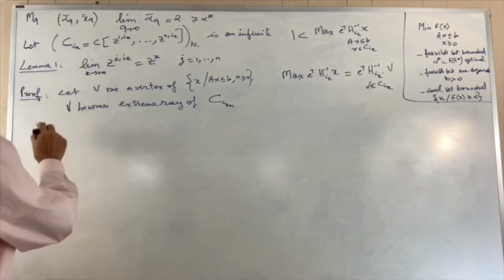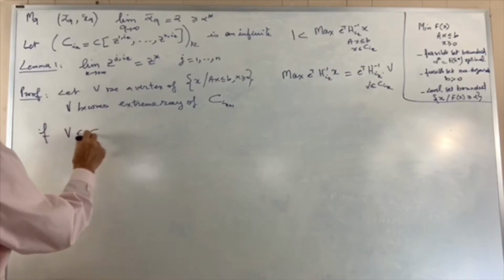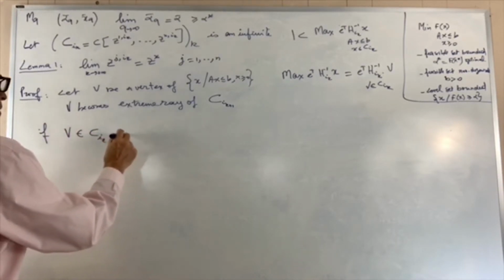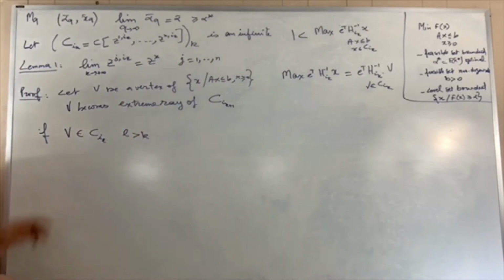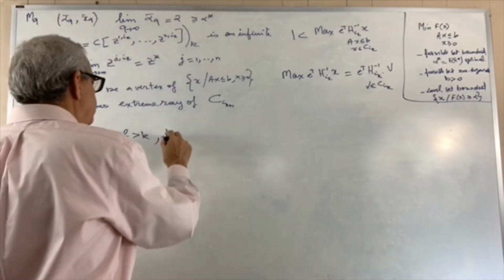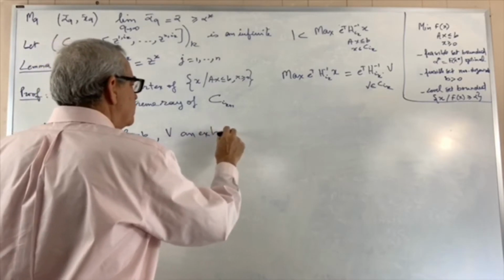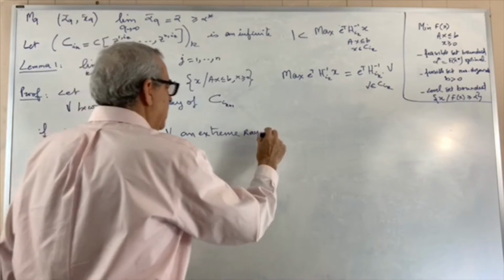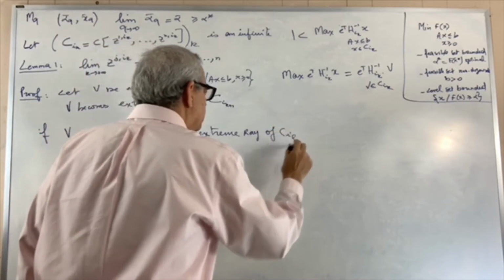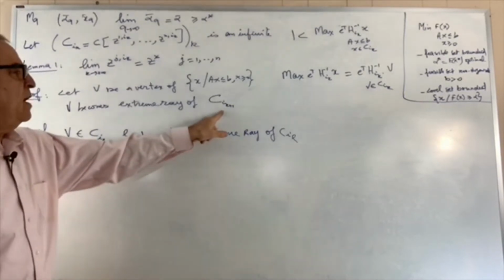Now, if v belongs to C_{I_l}, for l bigger than k, any l, then v is an extreme ray of C_{I_l}, because C_{I_l} is contained in C_{I_{k+1}}.